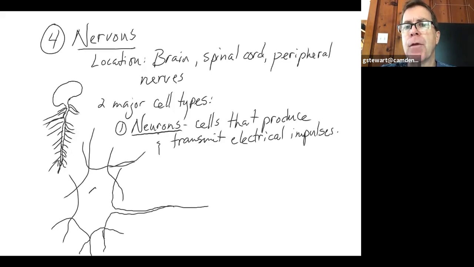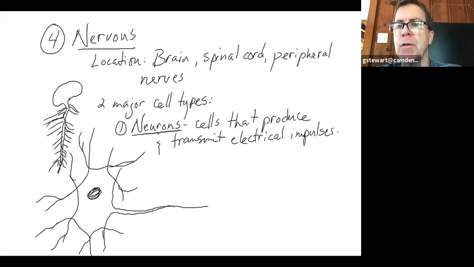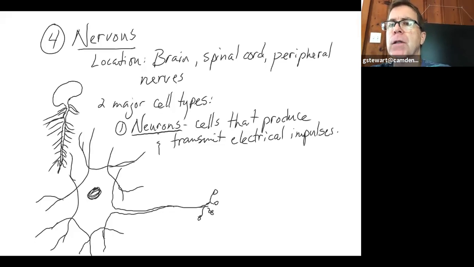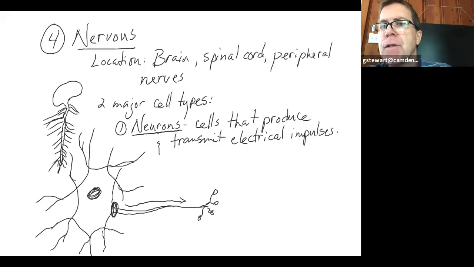So there's a body with a nucleus in the middle, and then there's all these, what you and I would call branches, but in anatomy speak, they're called cell processes. That's kind of what a typical neuron looks like. And it generates an electrical impulse right at this area and sends it down this long stem or process called an axon. So we're going to learn all about that when we study nervous systems.